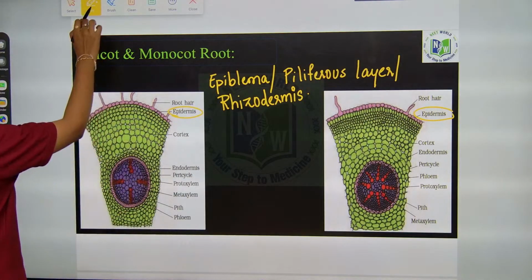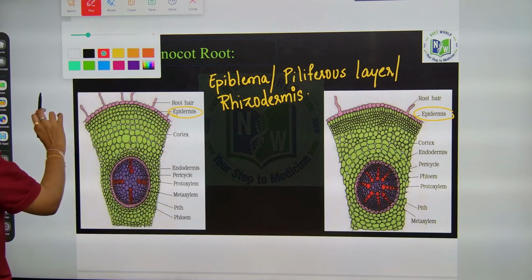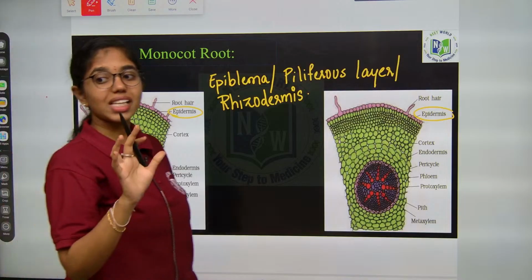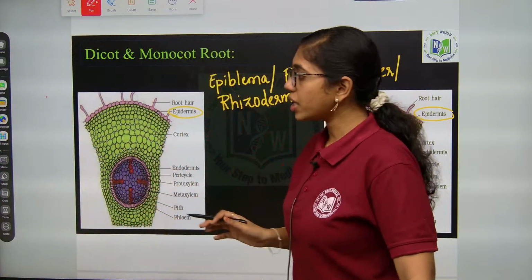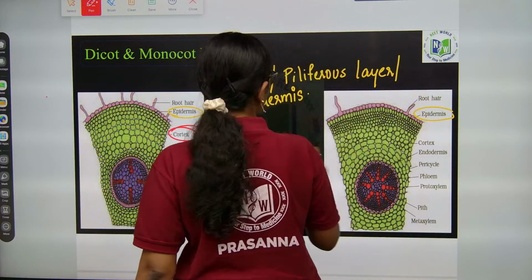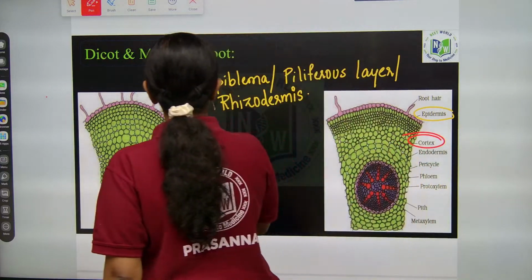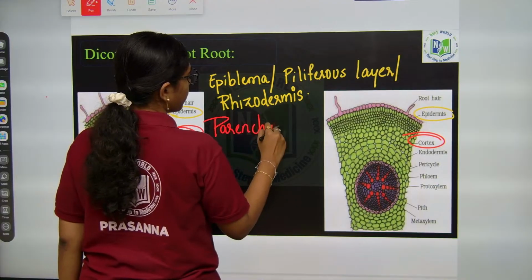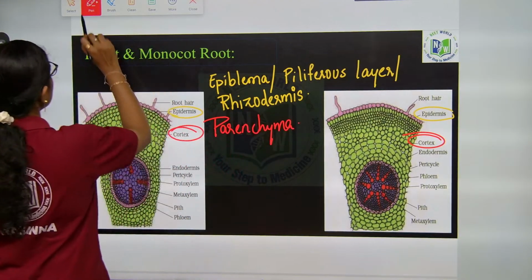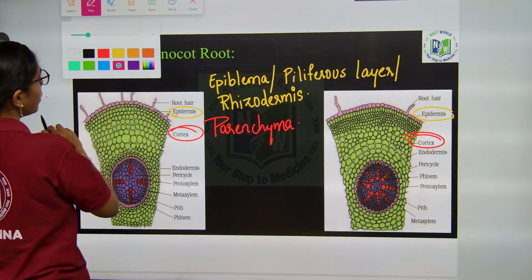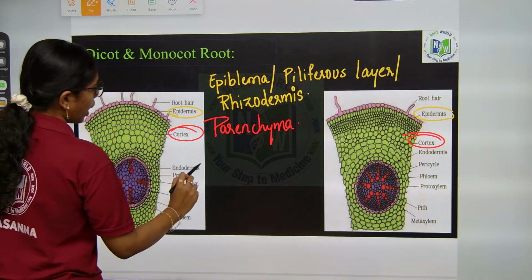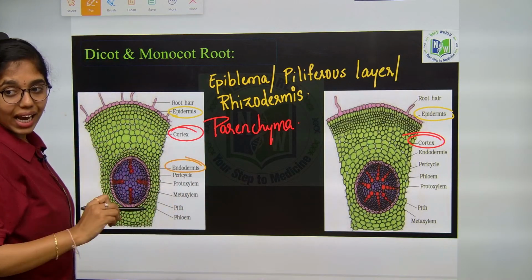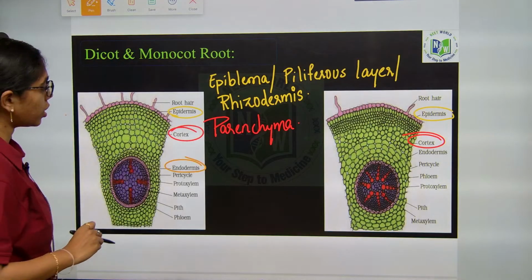Next to the epidermis, as we have discussed, there is no hypodermis as such, we just have what? General cortex. General cortex both in dicot and monocot root is made up of what? Parenchyma. Fine. After general cortex, it is what? Endodermis. Endodermis is the last layer of the cortical region in the root system.